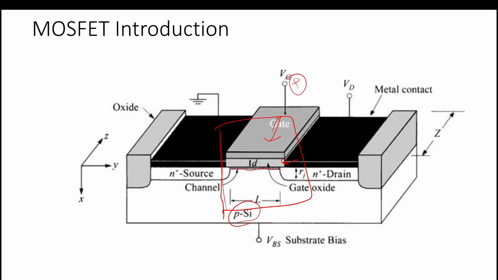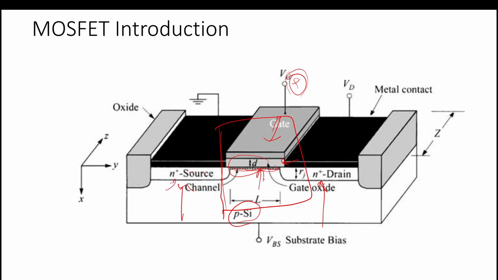As this channel is created by applying the positive bias at the gate, in the MOSFET there is a source, a drain, and in between them there is the channel. Current can flow between source and drain because there is a channel.